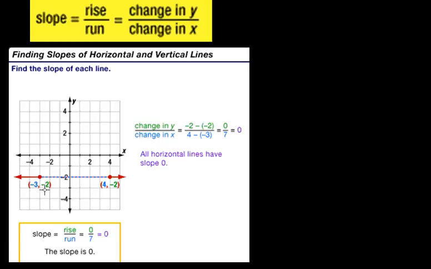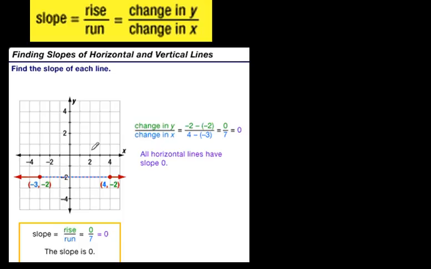And then for the change in the x, we'll start here again, 4 minus -3. And when you calculate this out, you actually get 0 over 7. Well, that's the same answer you had over here, so the slope is 0 still.